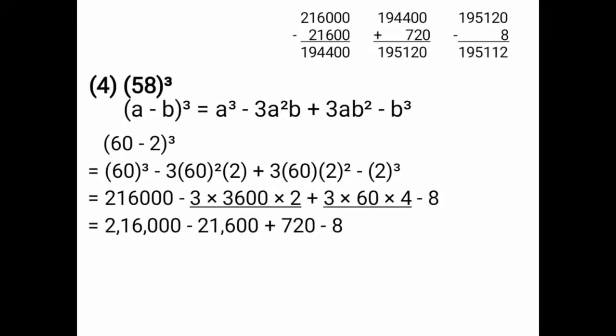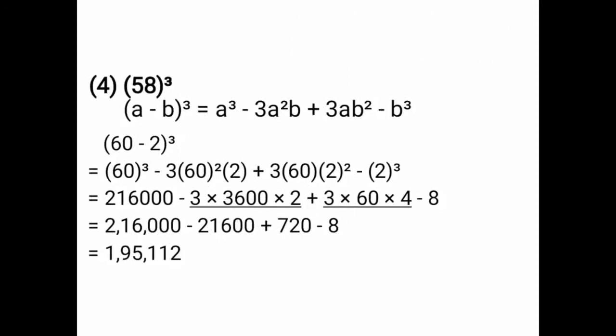You have to subtract this now. 2,16,000 minus 21,600, answer is 1,94,400. Then 1,94,400 plus 720, add this, I am getting 1,95,120. Now subtract 8: 1,95,120 minus 8. So the final answer is 1,95,112. This is the final answer.